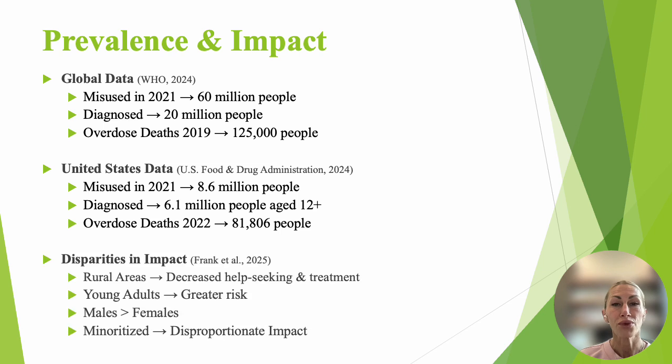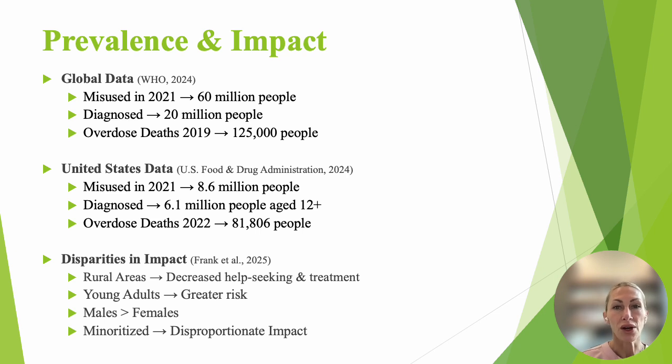Beyond the overall prevalence, certain populations experience disproportionate impacts. Research highlights several key disparities, including individuals who live in rural areas are less likely to seek help or receive treatment. Some of that is due to some of the barriers that they face, like limited public transportation and fewer facilities in their area.